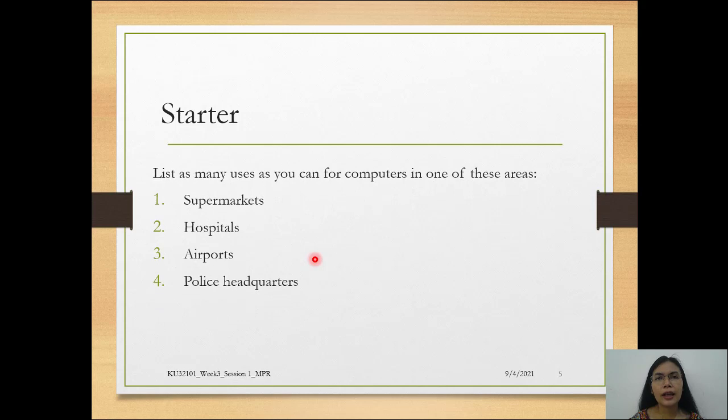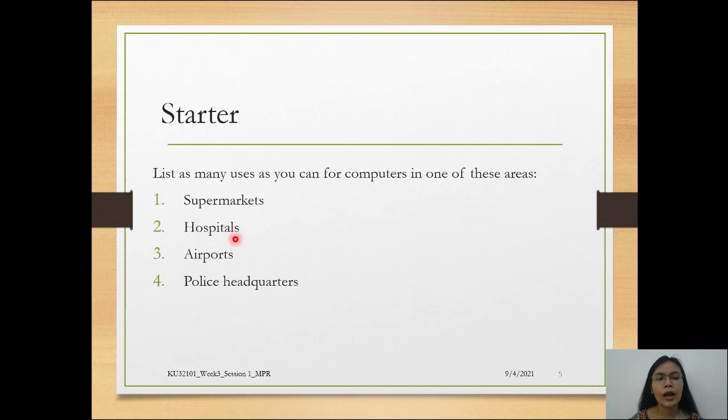Now, as a starter for this week's topic, I want you to list as many uses as you can for computer. So use of computer in one of these areas. You can choose either supermarket, hospital, the airport, or the police headquarters.